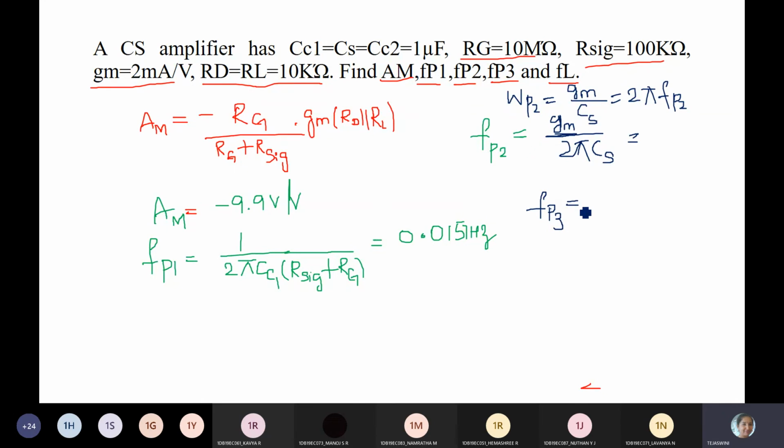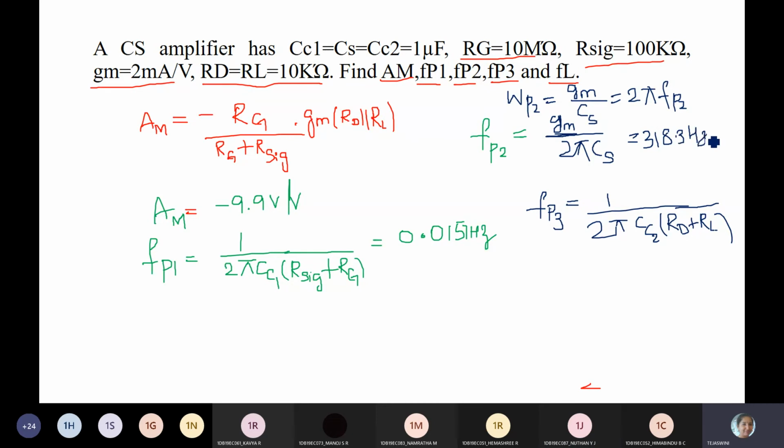Himabindu? Yes, ma'am. What is the formula for FP3? 1 by 2 pi CC2 (RD plus RL). Okay. So anybody got the answer for FP2? 318.3 hertz.